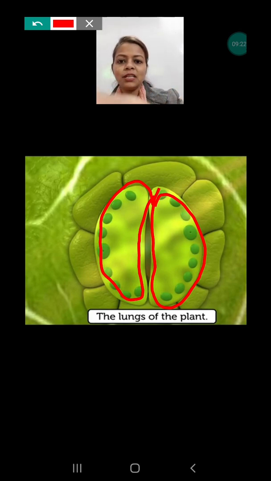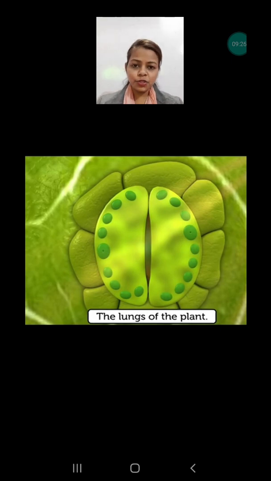So this is the lung of the plant. Why? Because in our body, what do the lungs do? Lungs are used to exchange carbon dioxide and oxygen. The same thing happens in the plant with the help of these stomata. That's why we call stomata the lungs of the plant.